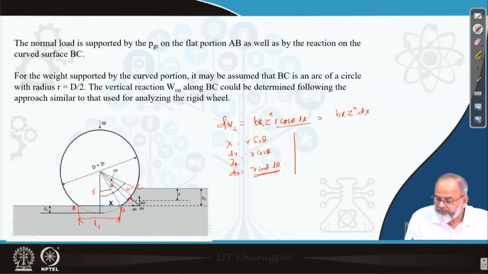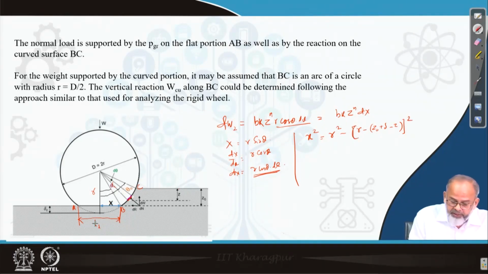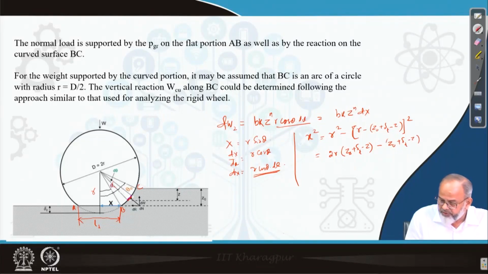Now x square will be how much? This will be equal to r square minus, r minus z0 plus delta t minus z, whole square. Now if I simplify this, it will become twice r into z0 plus delta t minus z, minus z0 plus delta t minus z, whole square.